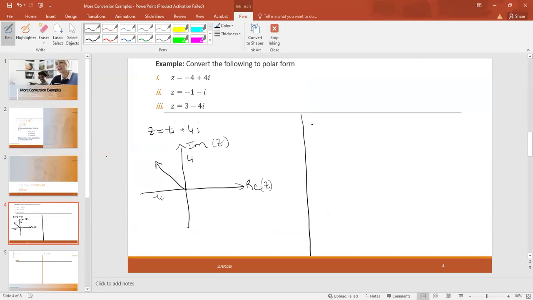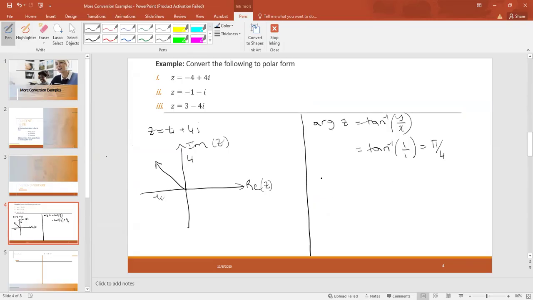Remember from our previous video, the argument, or what we can call the reference angle, is given by arctan of y over x. Remember, the trick here consists of not using the negative value. Use the positive values of both the real part and the imaginary part, which is here arctan of 1 divided by 1, which is pi over 4.